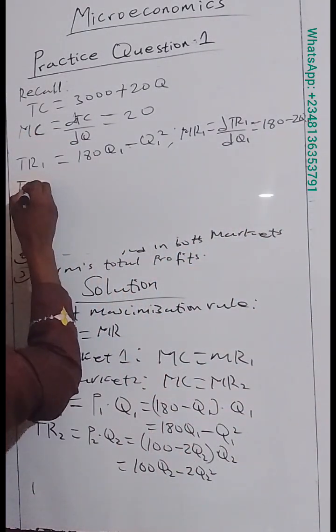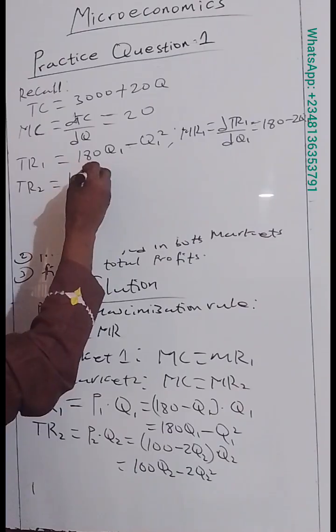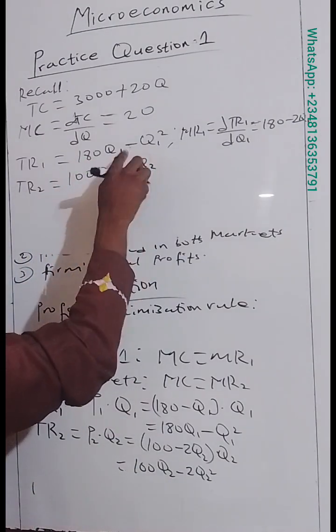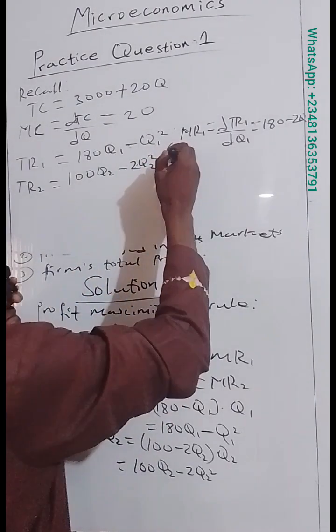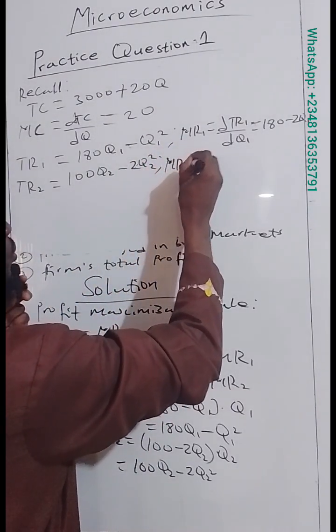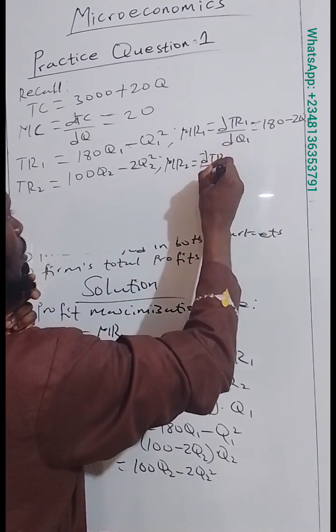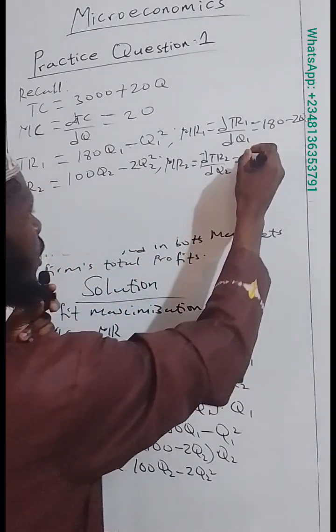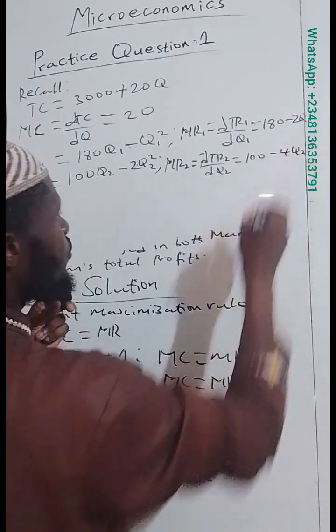Also TR2, that is the total revenue from market 2, is 100Q2 minus 2Q2 squared. So we can also derive marginal revenue from market 2. MR2 will be dTR2 over dQ2, and when I differentiate this one, we have 100 minus 4Q2.